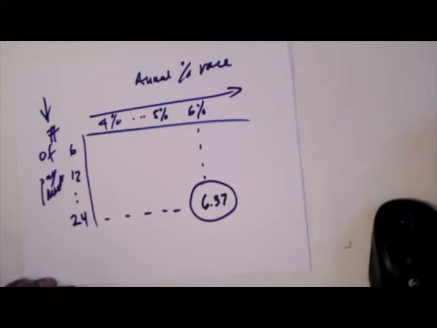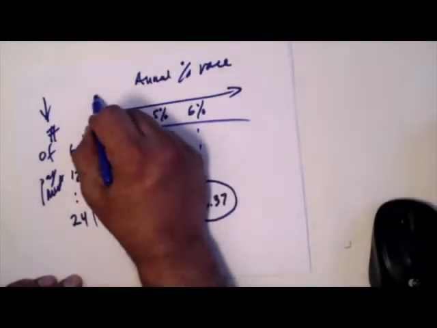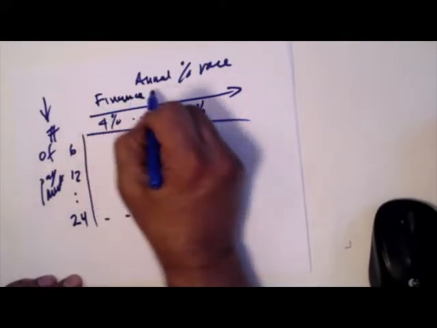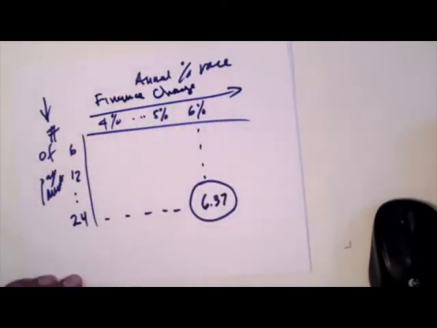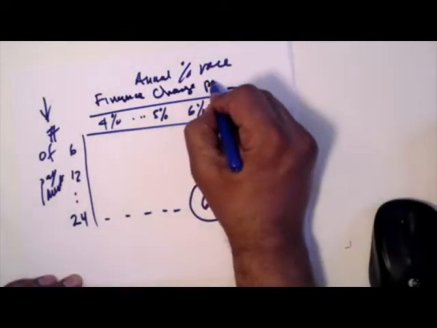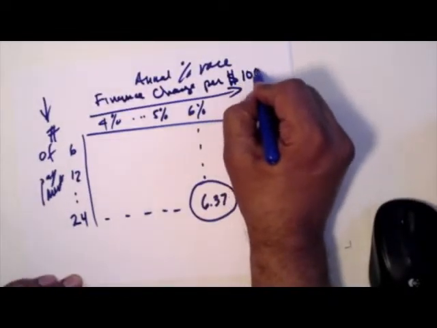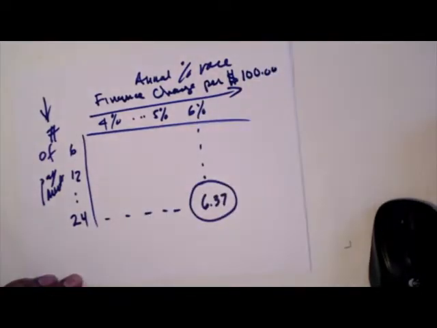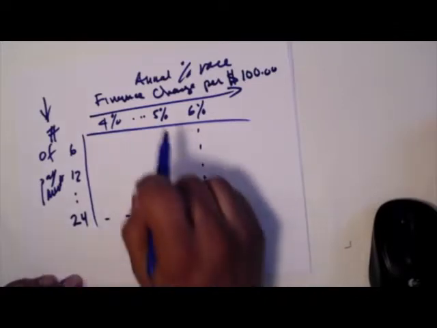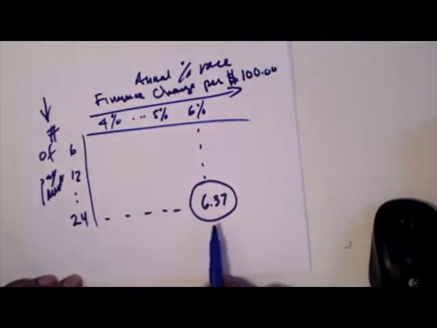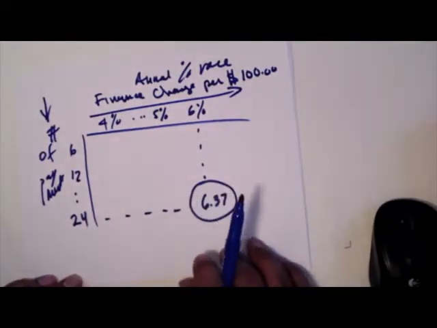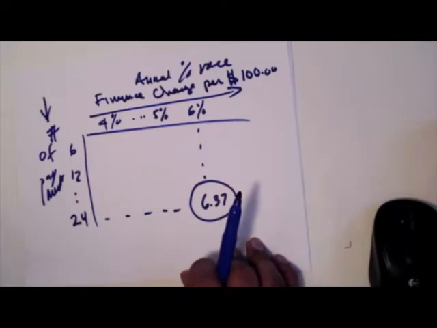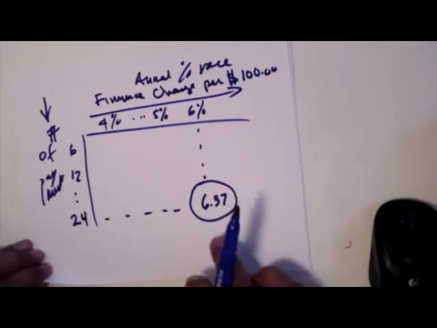The finance charge is per $100. This is important that you understand how to read this table. Number of payments, APR, and then intersect the point. This is a multiplier per $100. So you need to know how to do that. We already found this point.